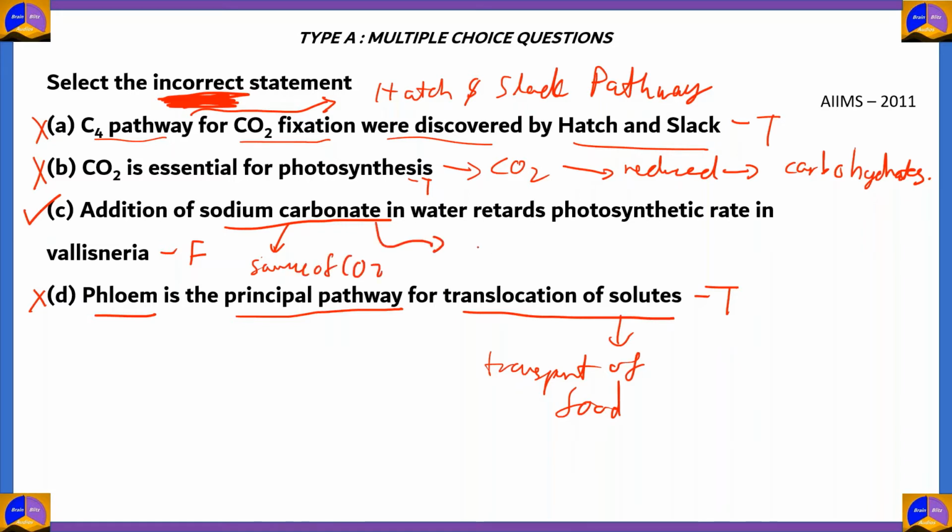And number two, the addition of sodium carbonate in the plant Vallisneria actually accelerates the photosynthetic rate instead of retarding it. So when you add sodium carbonate, instead of retarding photosynthetic rate, you get the exact opposite effect. So therefore, the statement given is false, and since we're asked to find the incorrect statement, we know that option C is correct for this question.